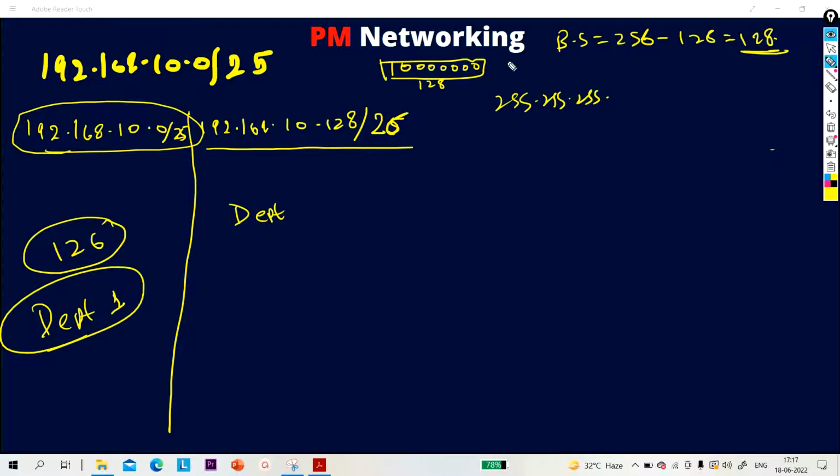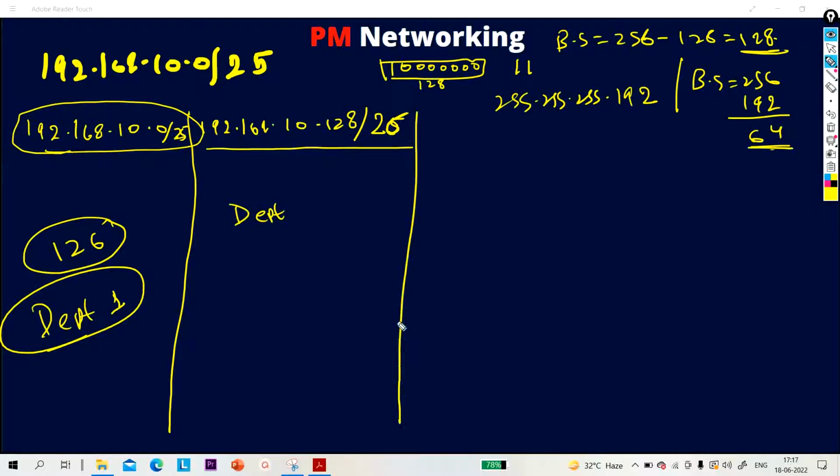In the last octet 2 bits are 1, right? Means 128 plus 64, that means 192, right? Then what will the block size be? The block size will be 256 minus 192, so you get 64. So the block size is 64. That means what will my next network be?